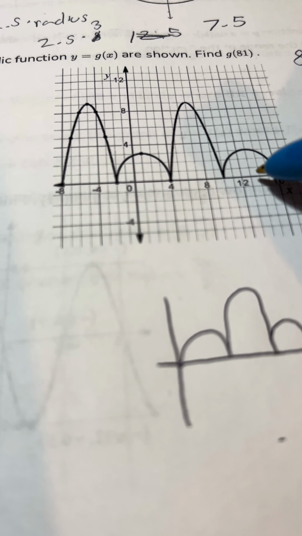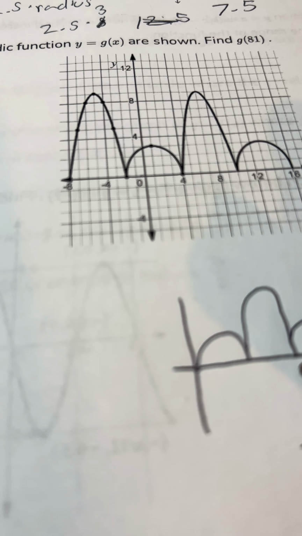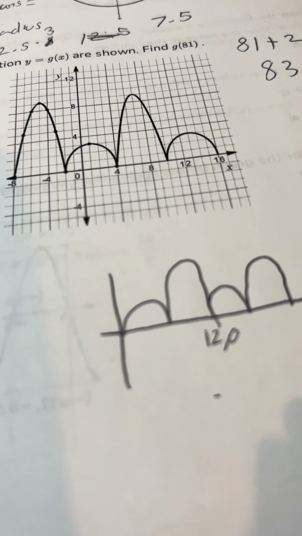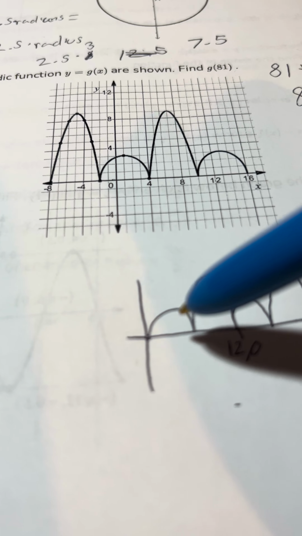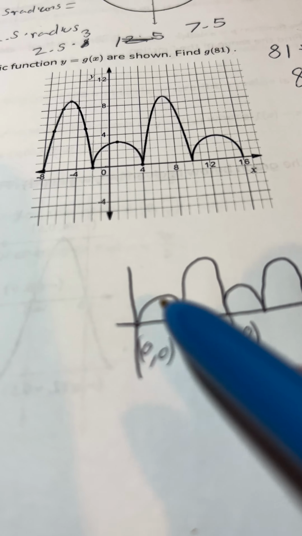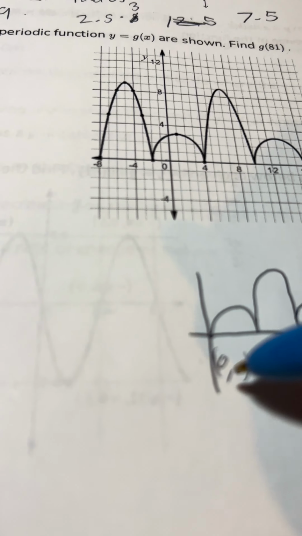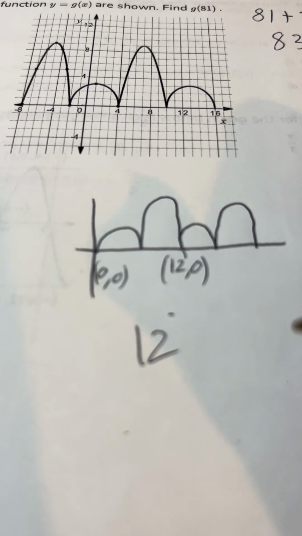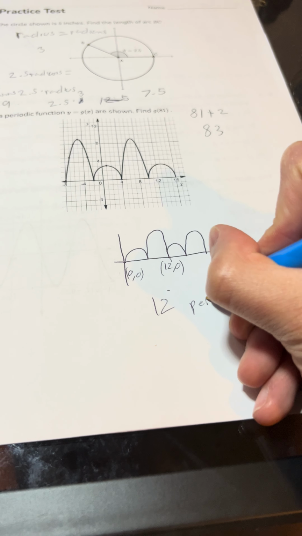This point, if we add 2, it would be at 12, 0. So first, to find our period, this being 0, 0, and this being 12, 0. Well, we know our period is 12, right? Because this to this is just 12. So 12 is the period.